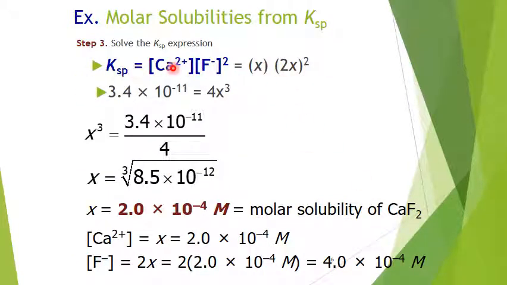So you get x times (2x) squared equals the Ksp, then go ahead and solve for x, and you get, remember it's the calcium, x is 2.2 times 10 to the minus 4th. So that means that's x for the calcium, and 2x is for the fluoride.